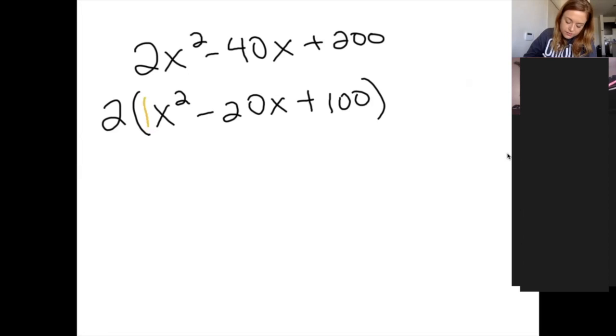There's an invisible 1 in front of that. 1 is a perfect square. Okay. Is 100 a perfect square? Yeah. So this has a perfect square, and then your C value is a plus. So you have a perfect square here, a perfect square here, and your C value is positive. So this is the shortcut for perfect squares.